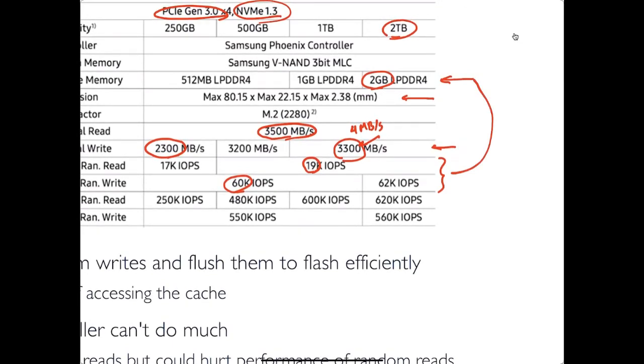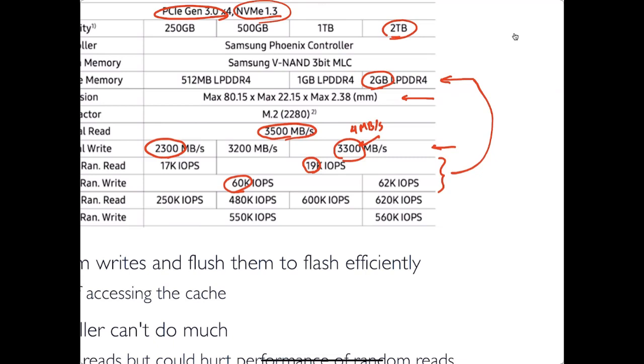When you're writing to an SSD, you don't really need to go and write to the flash cells to tell the operating system that the write is done. You can temporarily write it to your cache and acknowledge this IO operation to the operating system, telling it, don't worry, I got it, I will eventually write it to my flash cells.